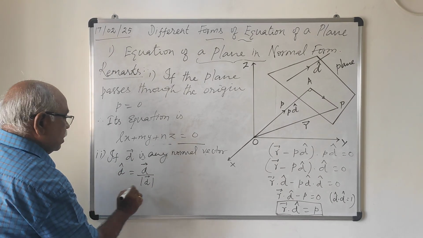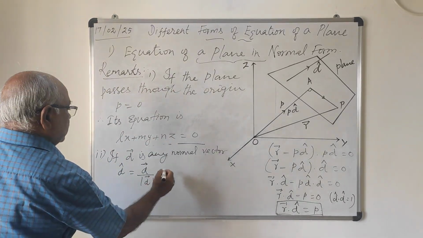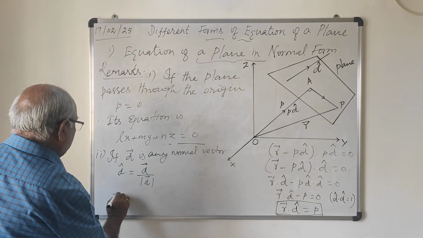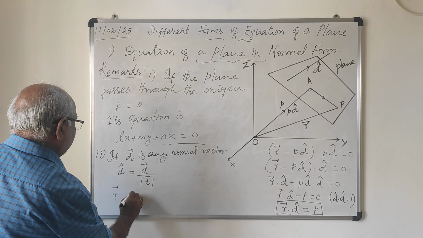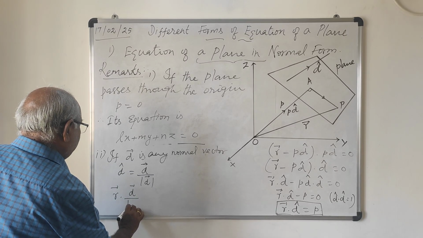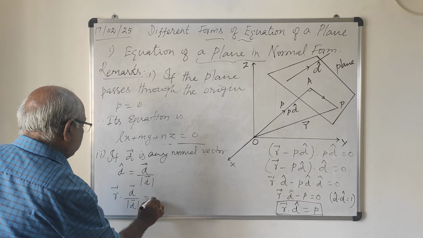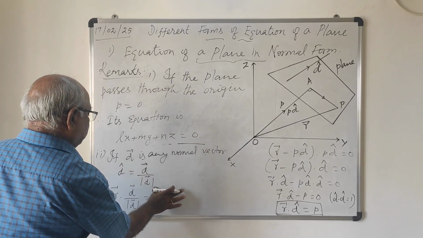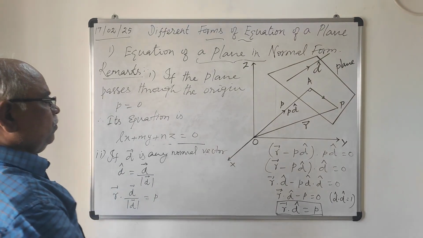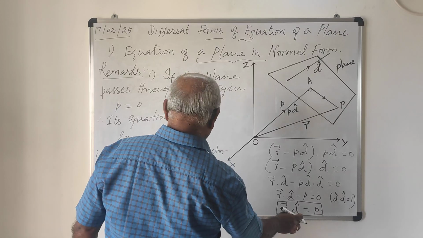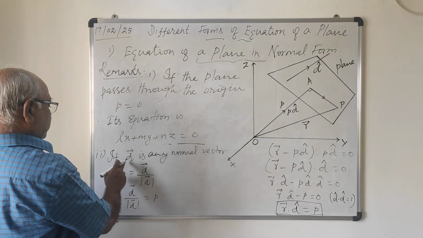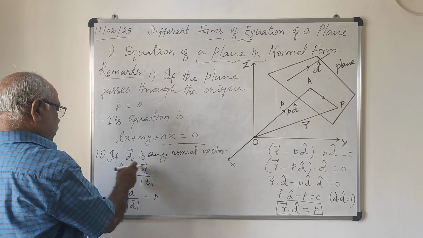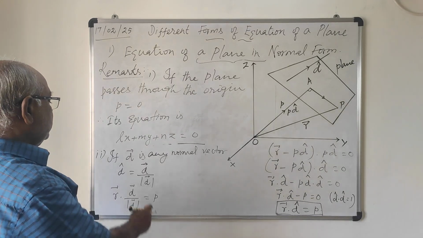Therefore, you know that the result r dot d cap, that is r dot d vector by mod of d vector, equals p. Instead of d cap, I can substitute d vector by mod of d vector, because d vector is converted into a unit vector by d vector by mod of d vector.